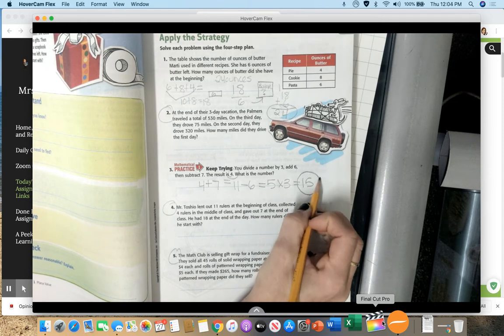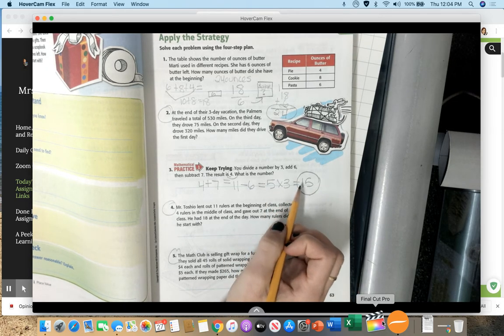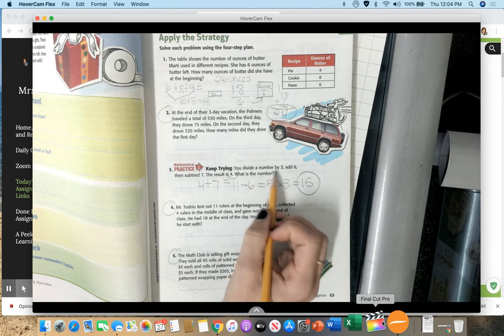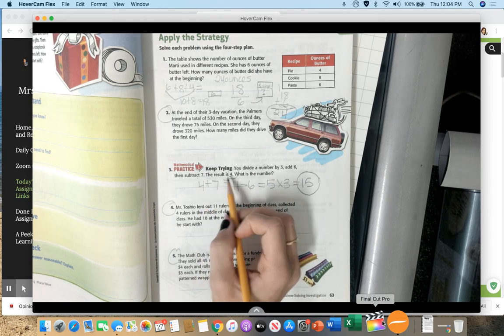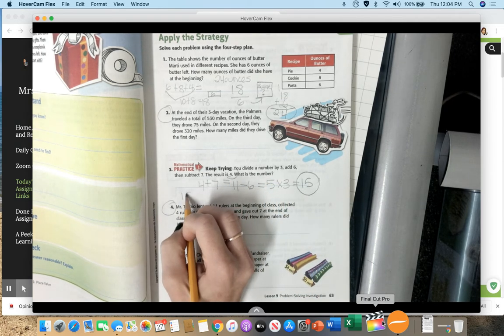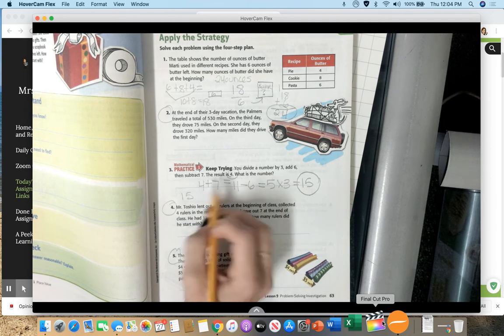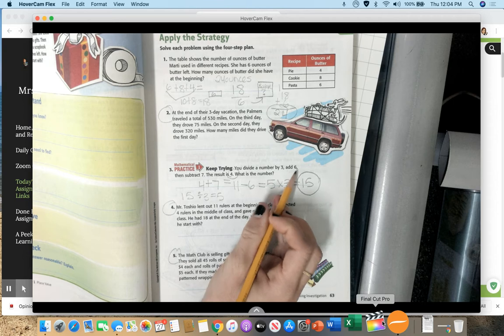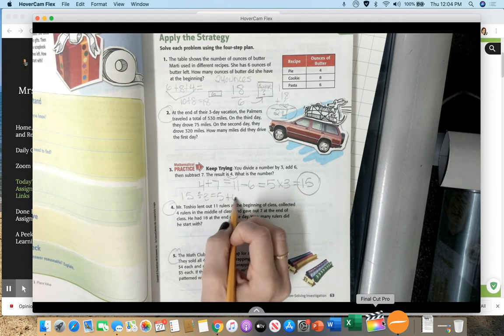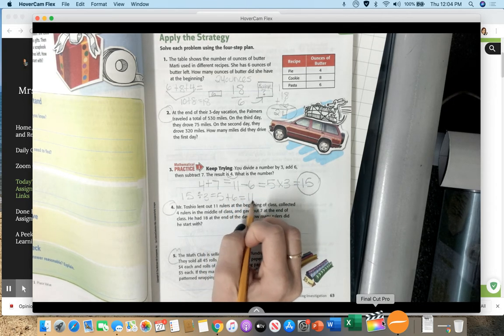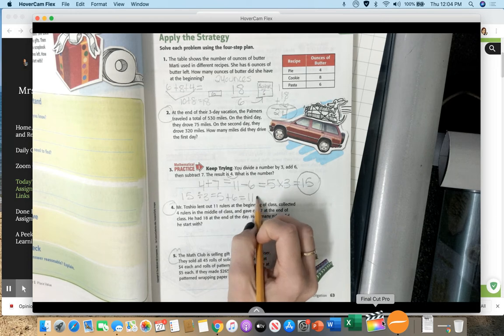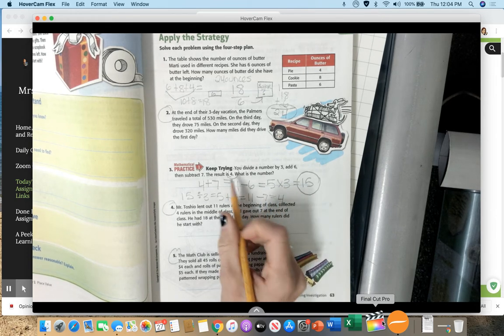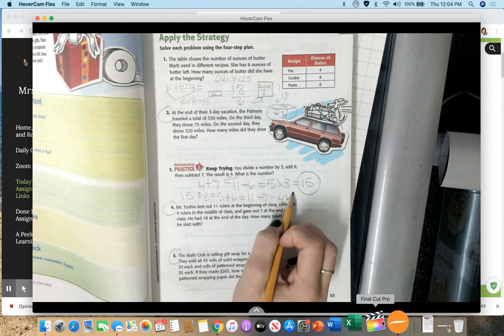Let's see if I did it right. Now I'm going to say that my number is 15, and let's go through the steps and see if it gives me 4. So 15 divided by 3 gives me 5. Then it says add 6. 5 plus 6 is 11. Then subtract 7. 11 minus 7 is 4. Is the result 4? Yep, we did it right.